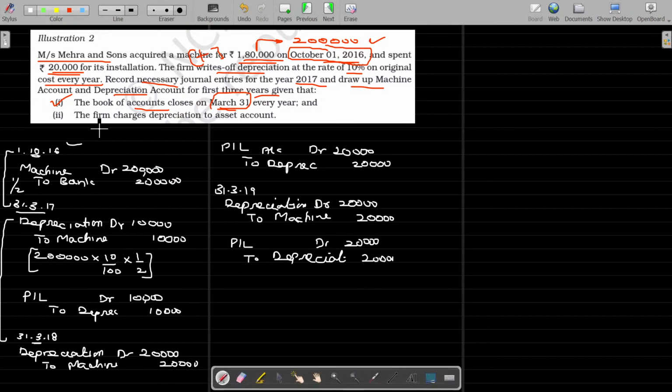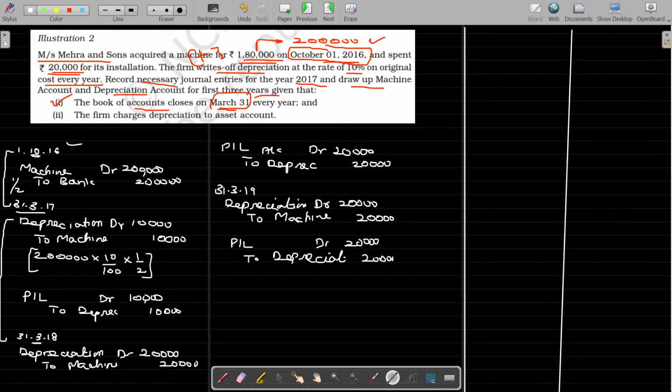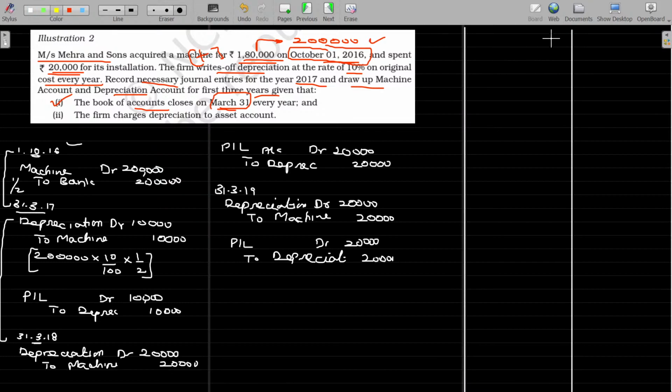Now we can prepare a ledger account also for the machine as well as for depreciation. We'll start with machine account. Here is machine to bank. I skip the date here. To bank, the value being 2 lakhs.